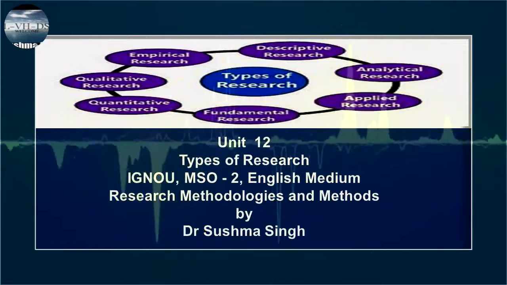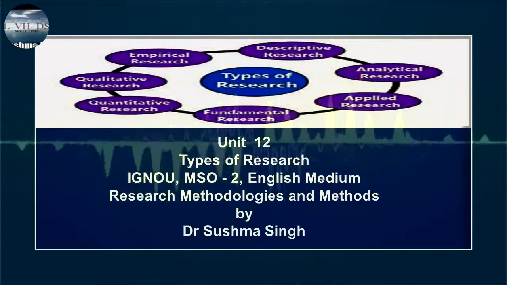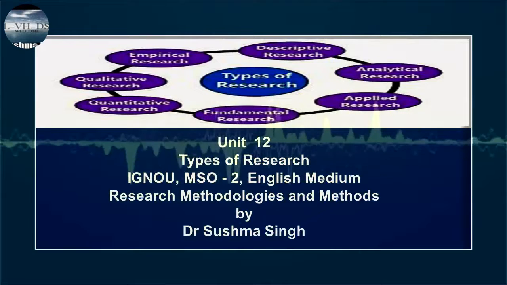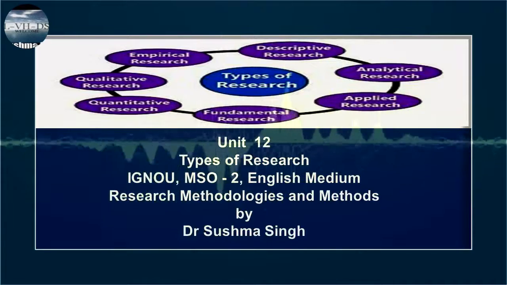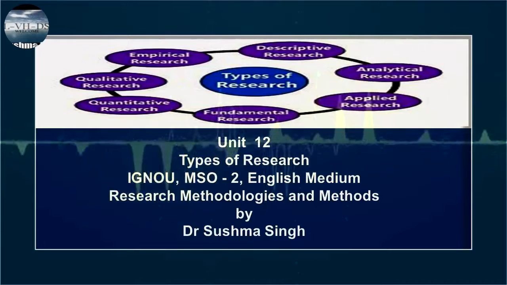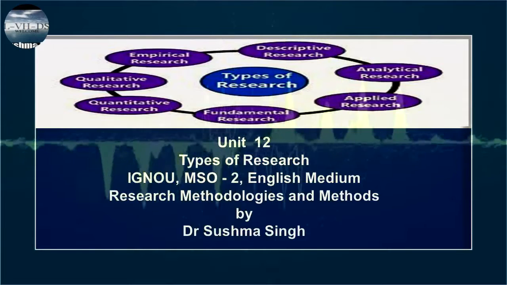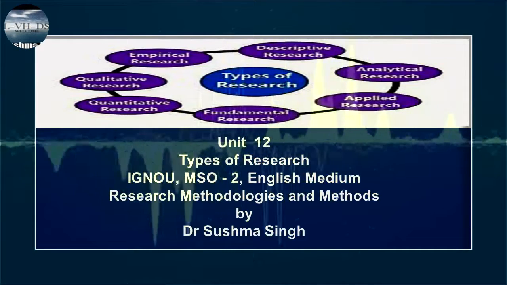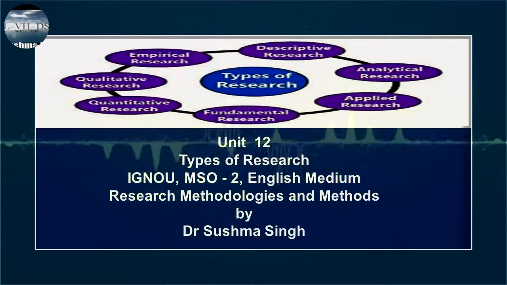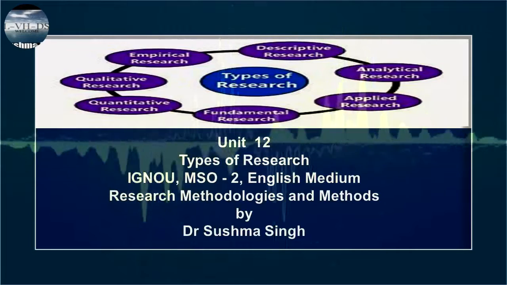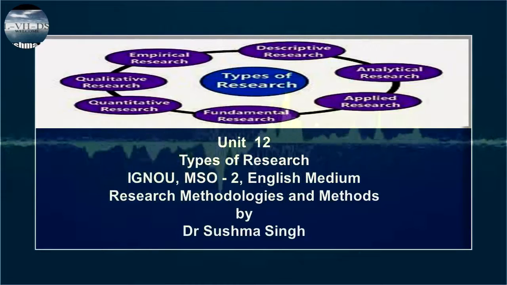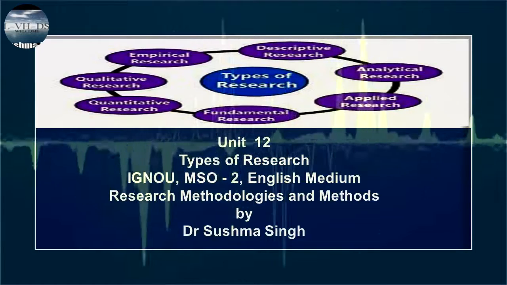Now the next point is explanatory or causal or longitudinal research. Explanatory research explains the causes of social phenomena. It aims to establish a relationship between variables, that is, how one is the cause of the other, or how when one variable occurs, the other will also occur.